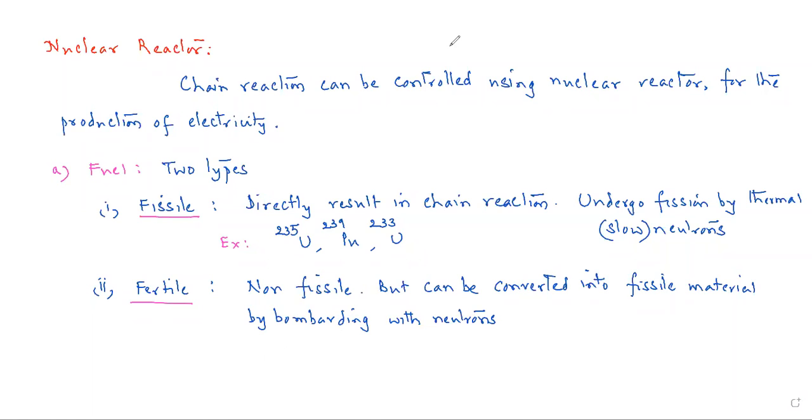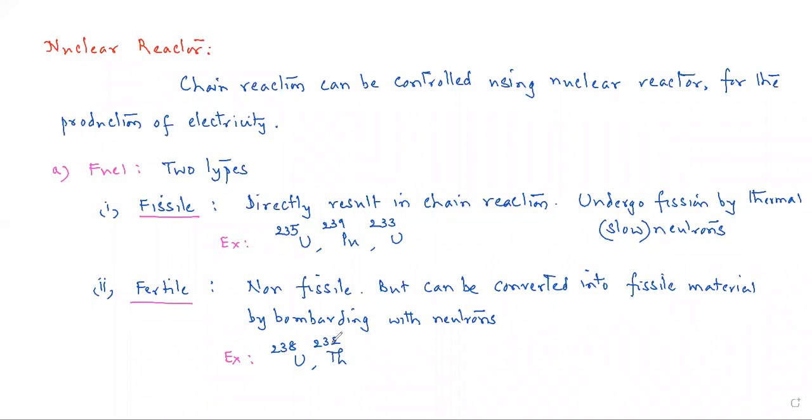For example, those which undergo fission with fast neutrons: uranium 238, thorium 232.